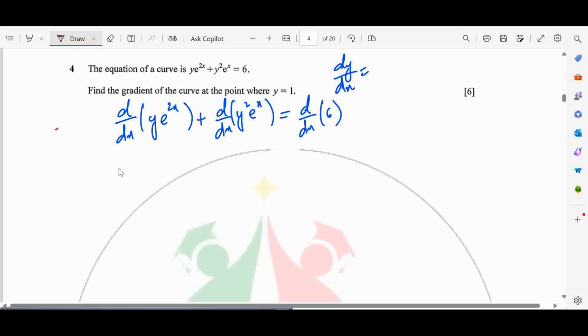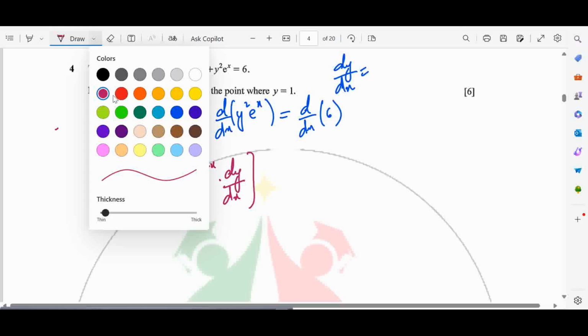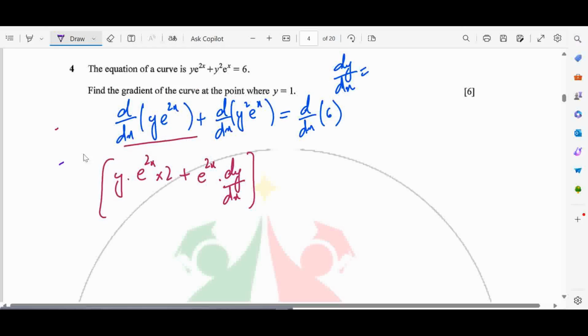Now here we can use the product rule: first into derivative of second plus second into derivative of first. This one is for the first portion. Now let's see the second one.